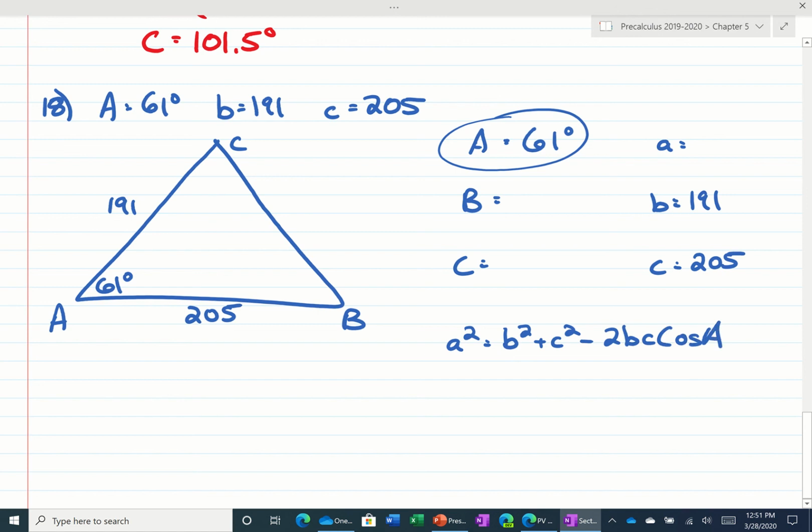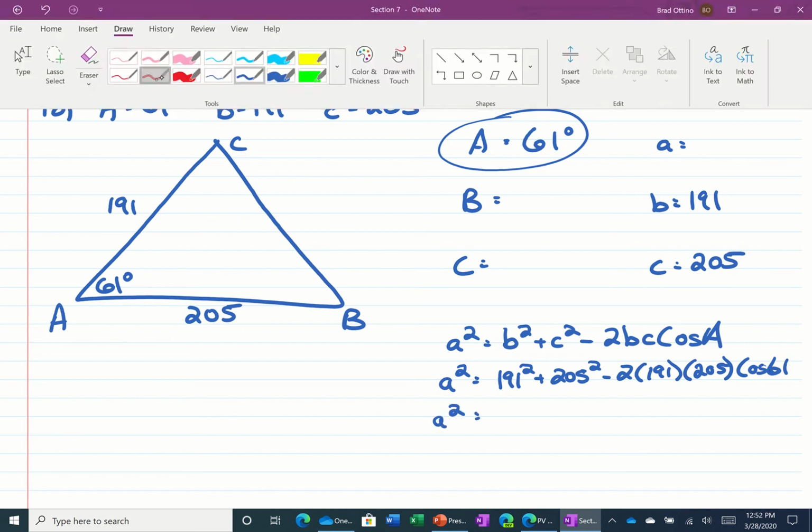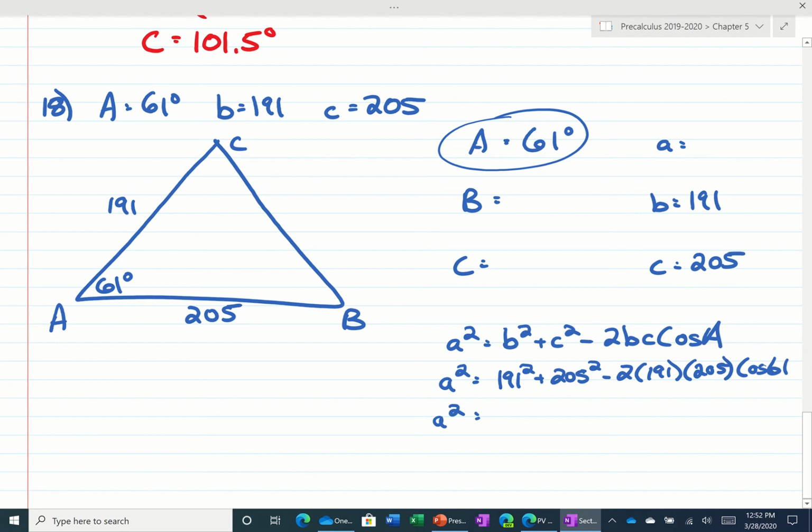We could use this formula because we only know what angle A is. So I'm going to go ahead and plug in my numbers. And let's see what this is. 191 squared plus 205 squared minus 2 times 191 times 205 times the cosine of 61.